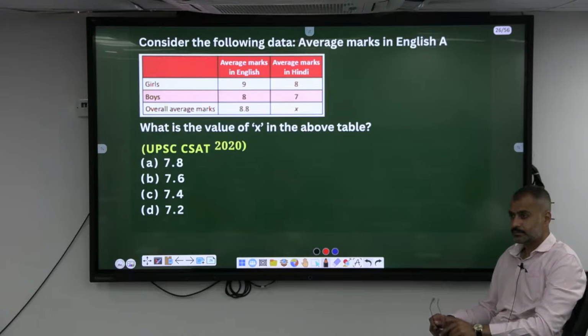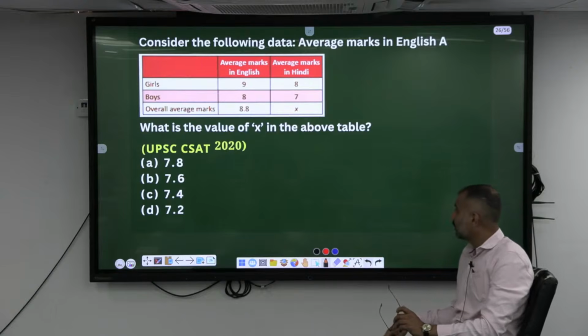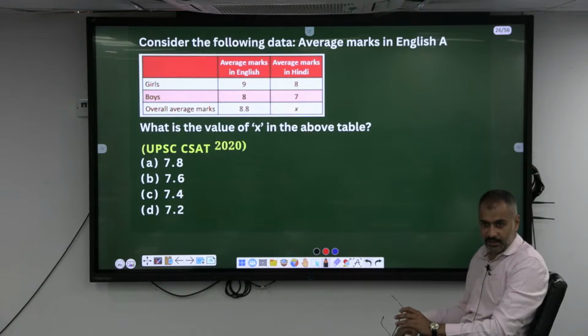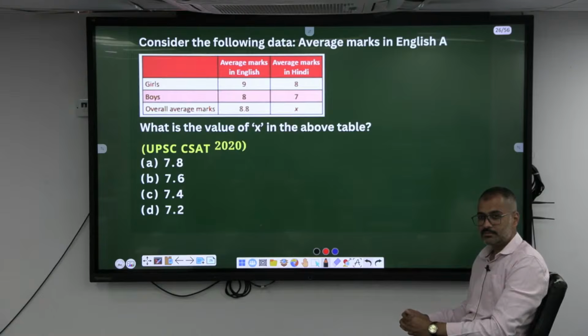The number of students remains same. The data of English or else Hindi you take, the number of students remains same only. 7.8.